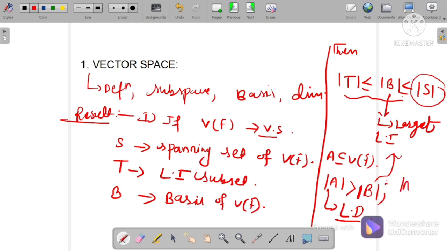And if the cardinality of the set A is less than the cardinality of the basis set B, then the linear span of A cannot be equal to the vector space V, because B is the smallest spanning set of the vector space V. So any set A whose cardinality is less than the cardinality of the basis set B will not span the vector space V. So this is our first result.